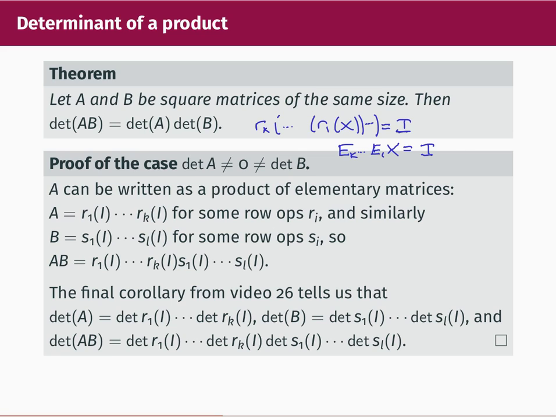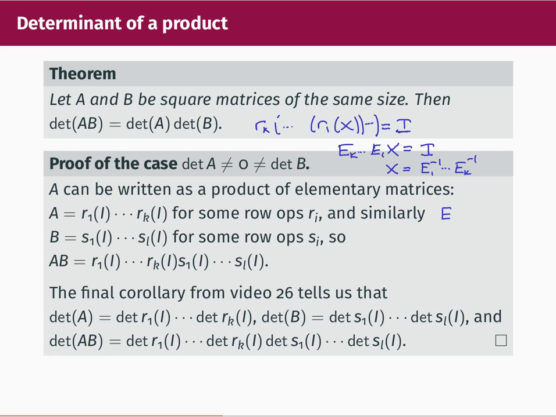But we also know that elementary matrices are invertible. So multiplying on the left by the inverse of EK and then EK minus 1 and so on, we'll get that X is actually equal to the product of the inverses of the Ei's. But in fact, this is an expression for X as a product of elementary matrices. The reason for that is that when we showed an elementary matrix was invertible, we did it in the following way.